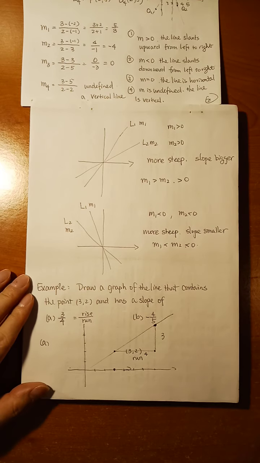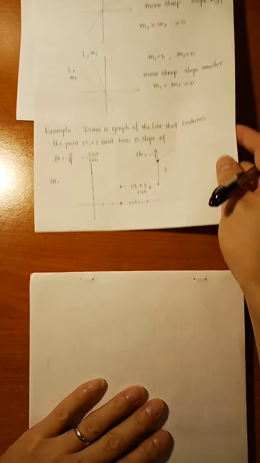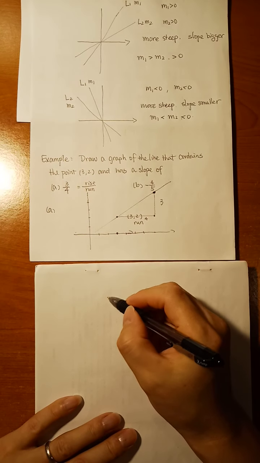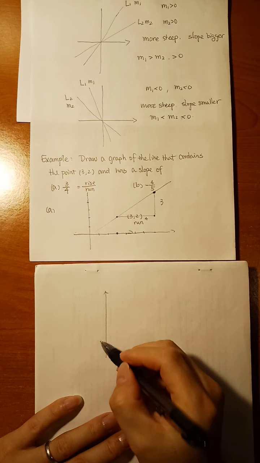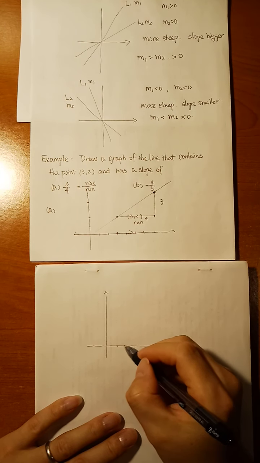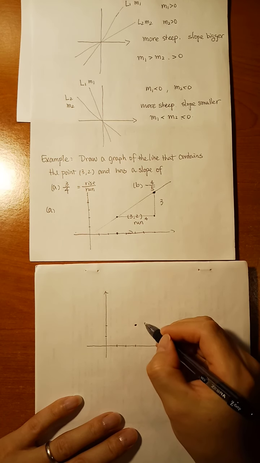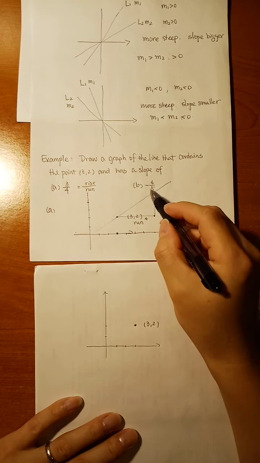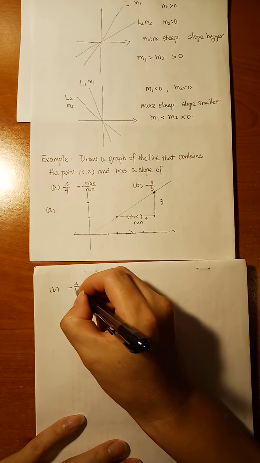Positive, you move to the right. Still the same thing: 1, 2, 3; 1, 2. So 3, 2. And now for the second problem, you get a negative 4/5.